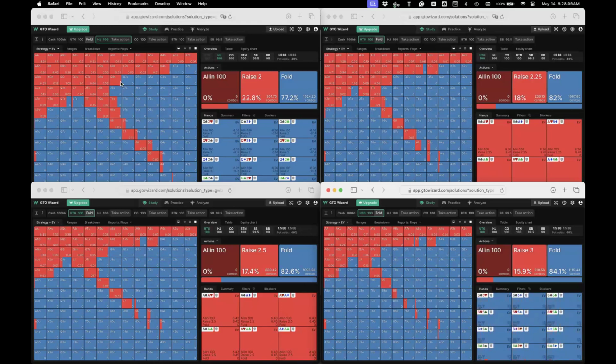The other difference is Queen 9 and Queen 8 suited, Jack 9 suited. Only Queen 10 and not even all your Jack 10 for 3 big blinds. And the Ace 5 becomes more prominent as you get bigger. Those are the major changes I see.